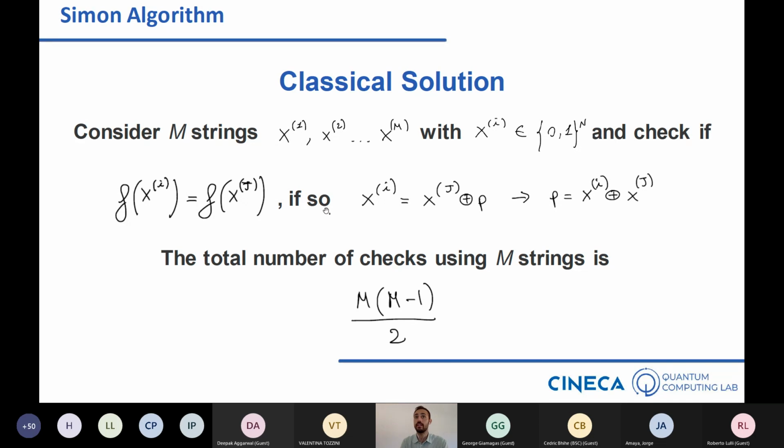If so, like we did, this should be true, which means that P is equal to xi plus xj. But you have to be clear enough to choose 2 inputs for which the outputs are the same.